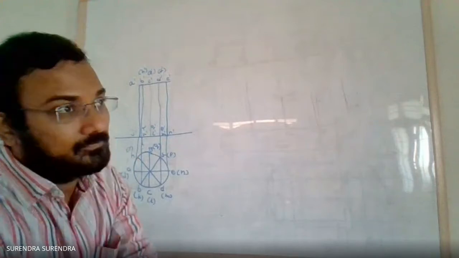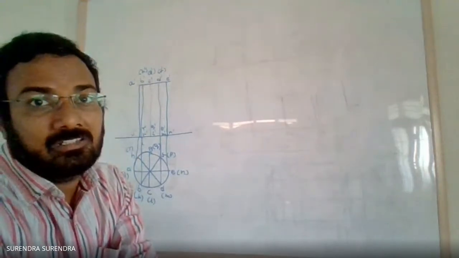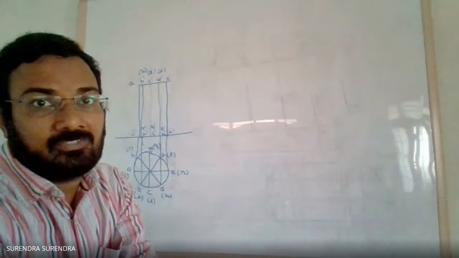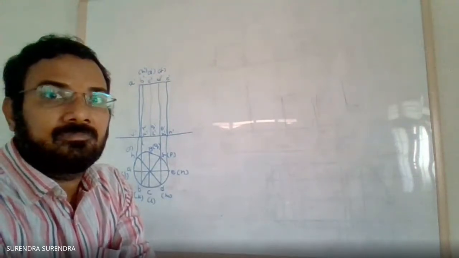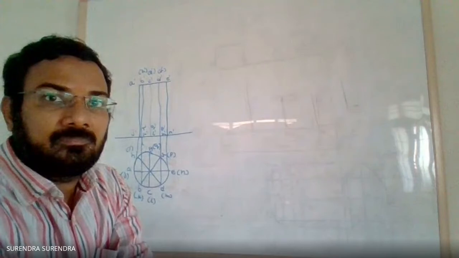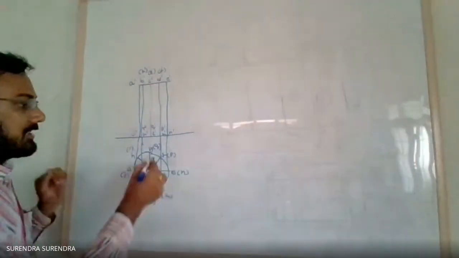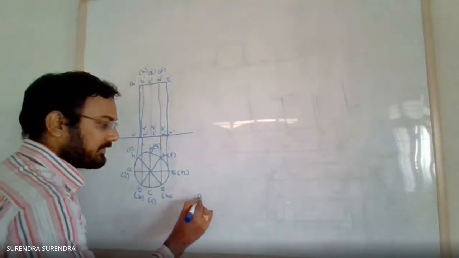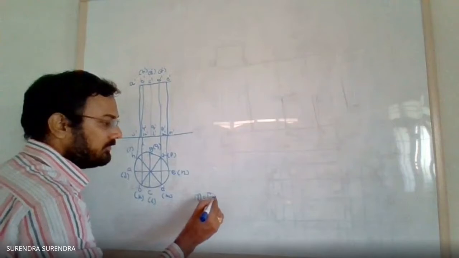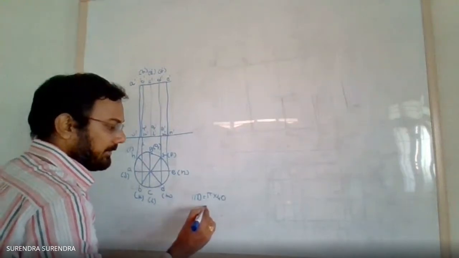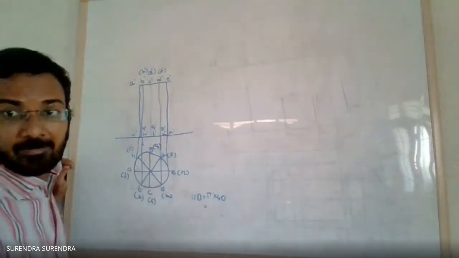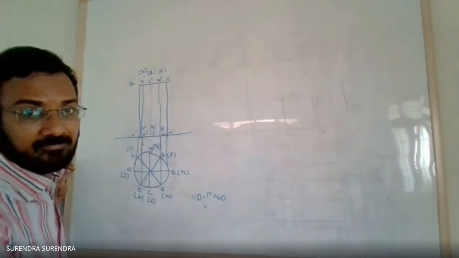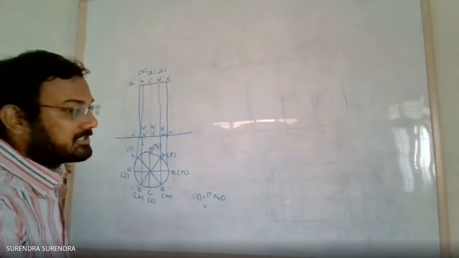The circumference, yes. So the circumference equals pi d. Calculate this value, pi into 40 mm, the diameter of the circle. Any of you calculate it?